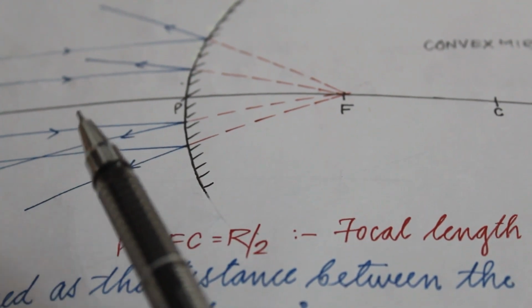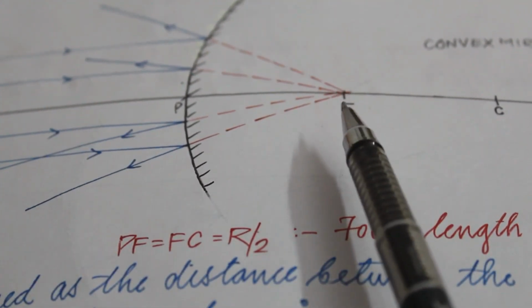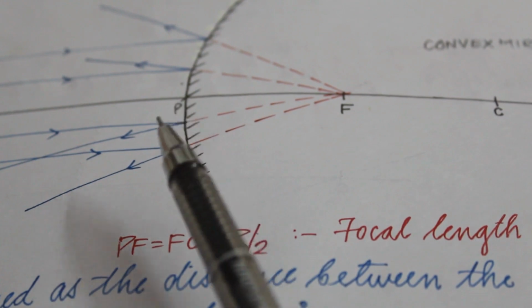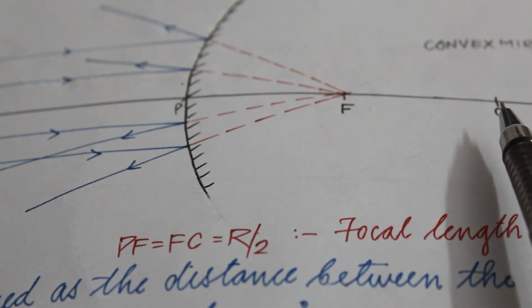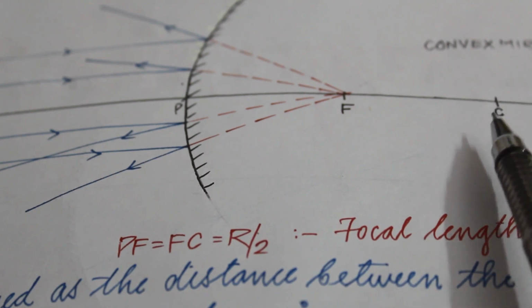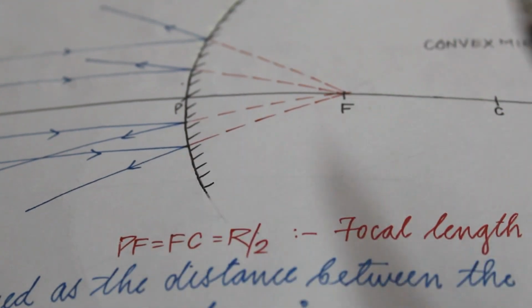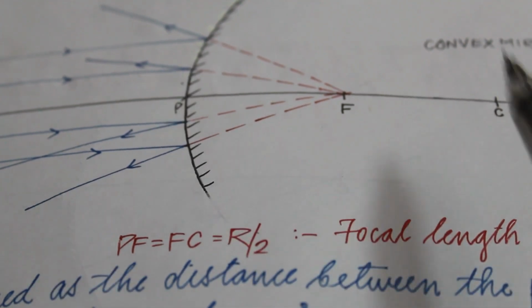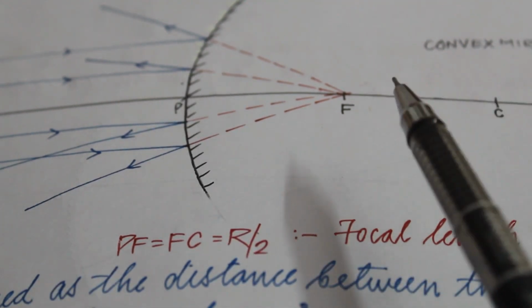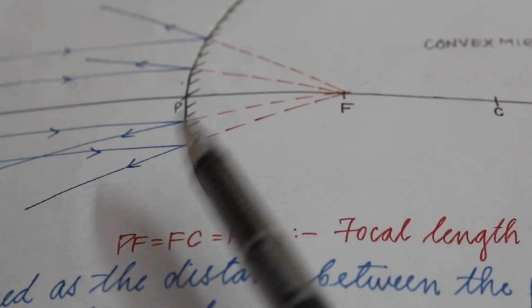Experimentally, it was found that the point F is at the midpoint of the radius of curvature. Here PC is the radius of curvature, as we have already discussed in the earlier lecture that the distance between pole and center of curvature is known as radius of curvature. So here PC will be the radius of curvature, and it was found that F is at the midpoint.